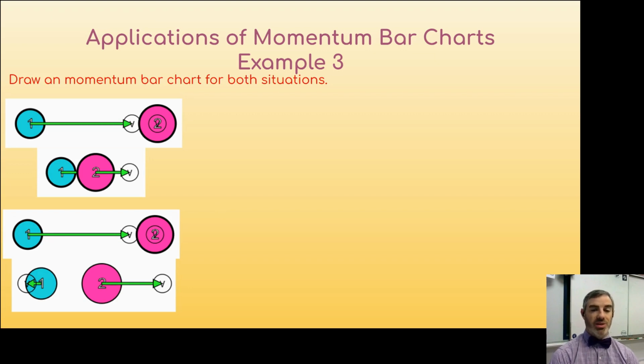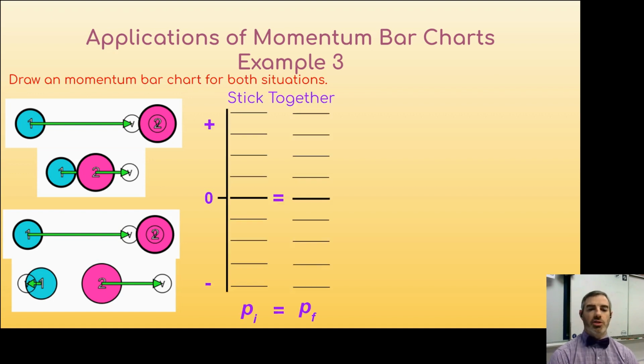Well, how are we going to do this? Let's draw a momentum bar chart. Let's look at the situation where the two spheres stick together. Sphere 1 has a momentum, sphere 2 does not. In the final situation, we know that they're going to stick together, so the total momentum has to equal that height that we drew to begin with of 3.